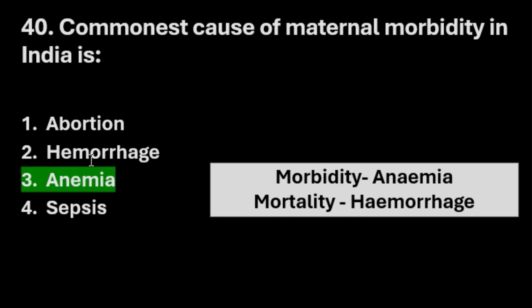So while we are referring, we will understand that the commonest cause of maternal morbidity, we could say it is anemia, and the commonest cause of maternal mortality, we could say it as hemorrhage. And if anemia is not shown in these options, you can even select hemorrhage. But when anemia is there, the commonest cause of maternal morbidity in India is primarily considered as anemia.